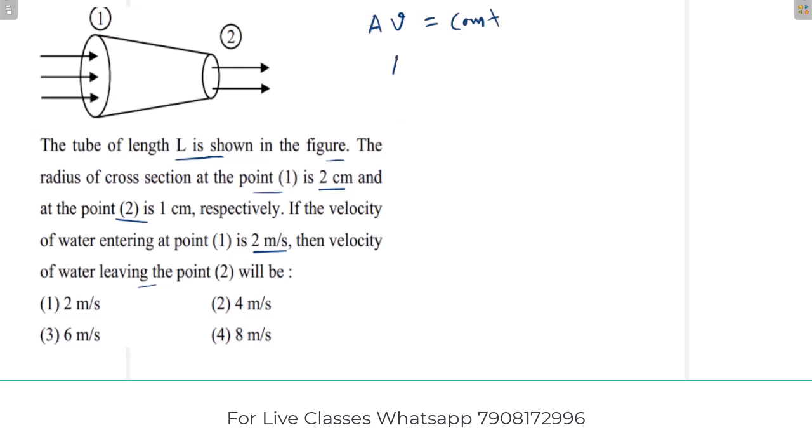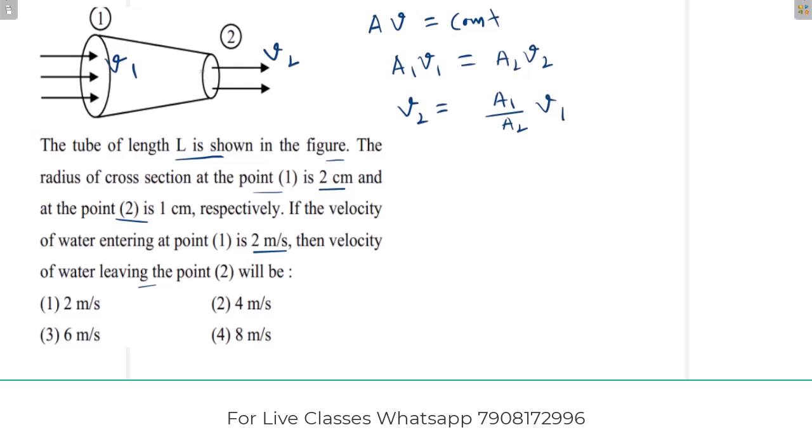So area A1 into velocity V1 is equal to area A2 and velocity V2 at point 2. We have to calculate the velocity of liquid at point 2, that is V2 is equal to A1 by A2 into V1. Here the velocity is V2, here the velocity is V1.